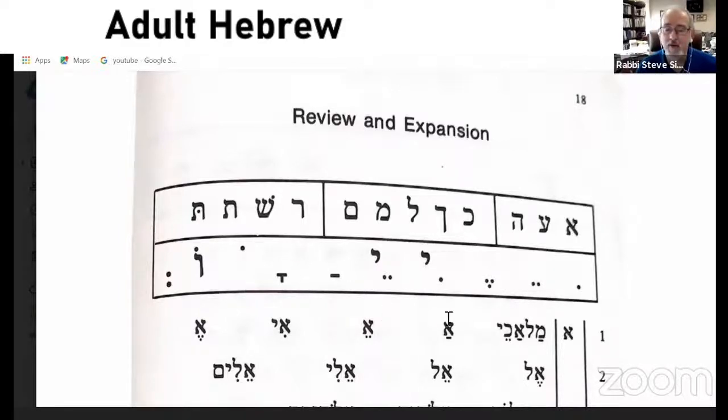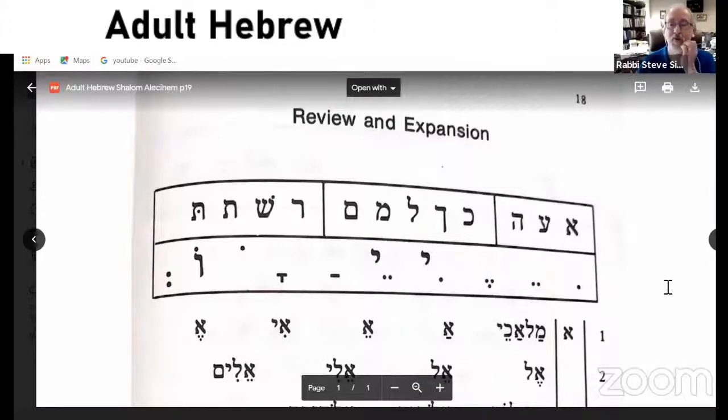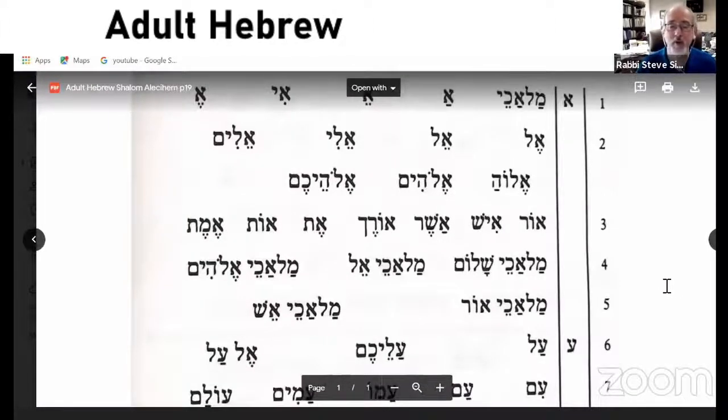All the vowel sounds. Read the vowel sounds with me. Ready? Here we go. E, a, e, a, o. And look at all these words now. This is page 18. And it's loaded in the Google file.